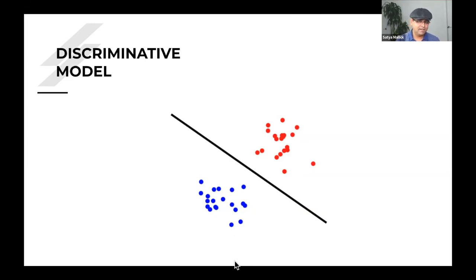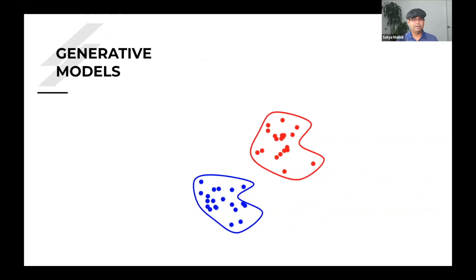On the other hand, there is another way of solving this problem called a generative model. A generative model takes all the samples and tries to build a model of the data. So it tries to understand what a cat or a dog looks like, not just what the differences between them are. Does that make sense? You're also learning what a picture of a dog looks like, so it is able to regenerate.